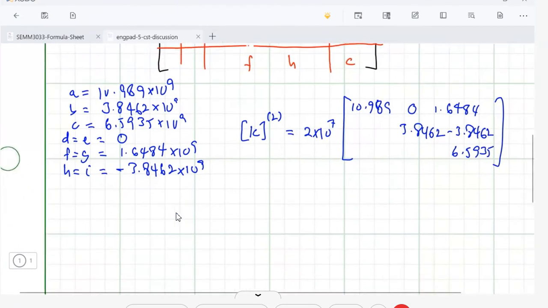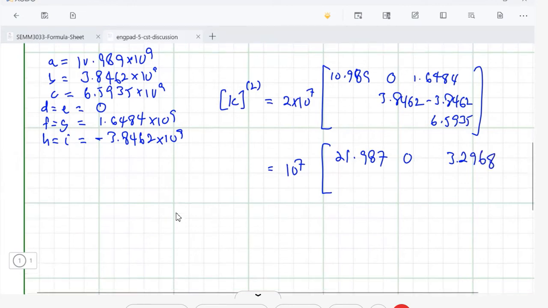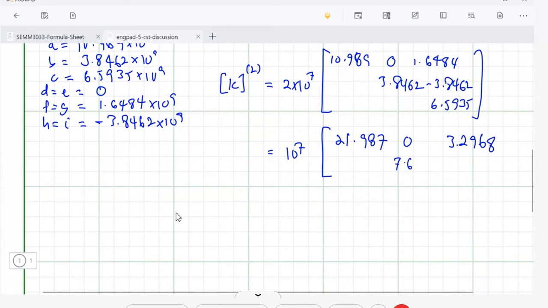Okay, so if I expand this, this becomes 10 to the power of 7 and this is 21.978, 0, 3.2968, and 7.6924, minus 7.6924, and 13.187. Okay, so this is a symmetric matrix.